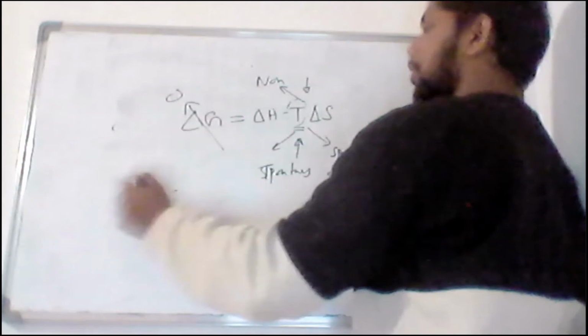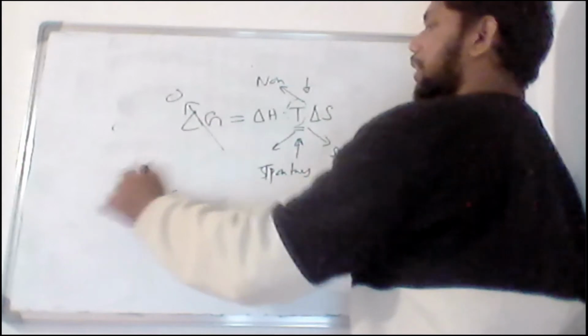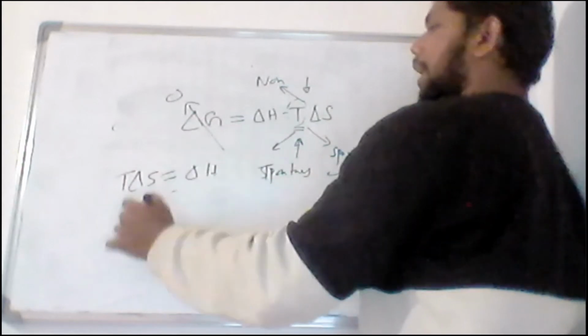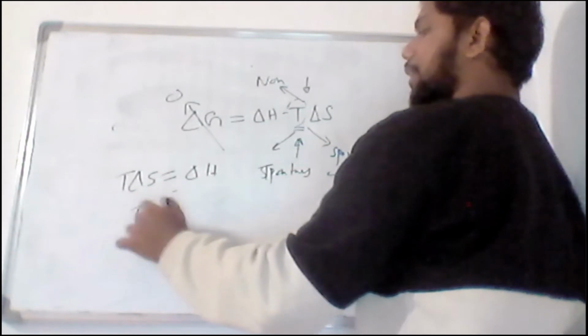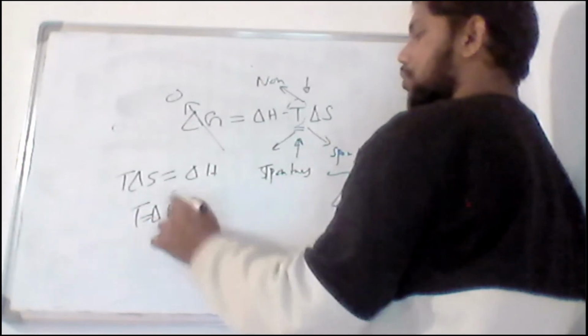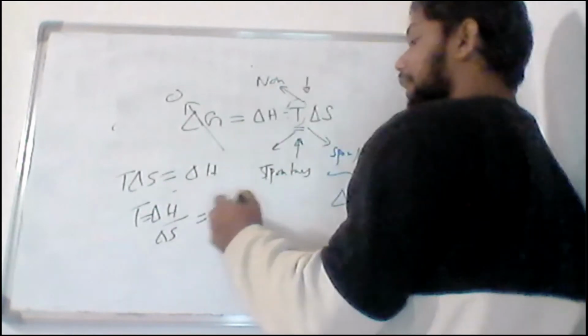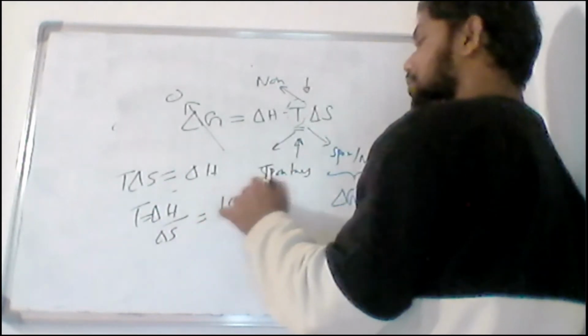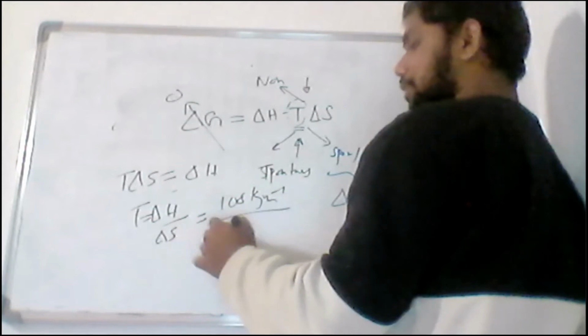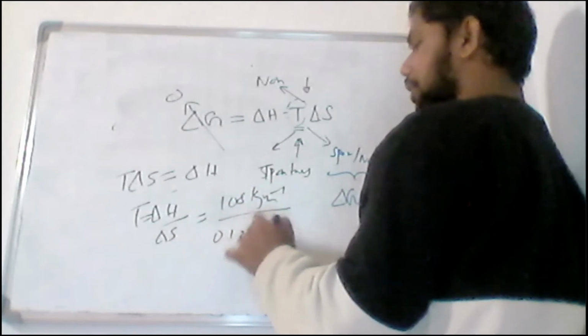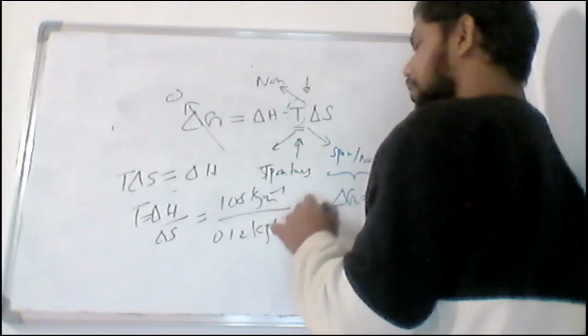If this is 0, you can automatically say T delta S equals delta H, and T is delta H over delta S. So you know for this reaction, we calculated delta H was 108 kilojoule per mole and delta S was 0.12 kilojoule per Kelvin per mole.